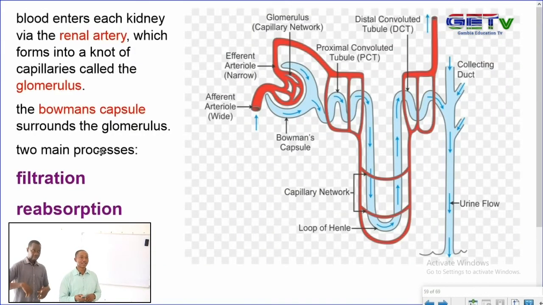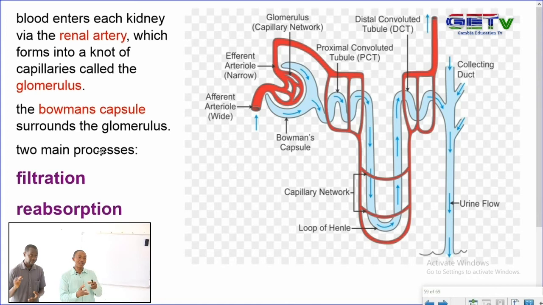So the renal artery divides into smaller and smaller vessels until it becomes capillary. Now, these capillaries coil up to make a knot, and that knot is called the glomerulus. The glomerulus is surrounded by the kidney tubule, which is known as the nephron.